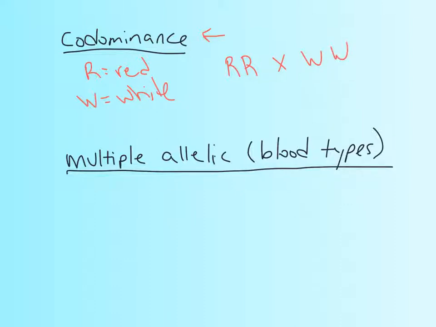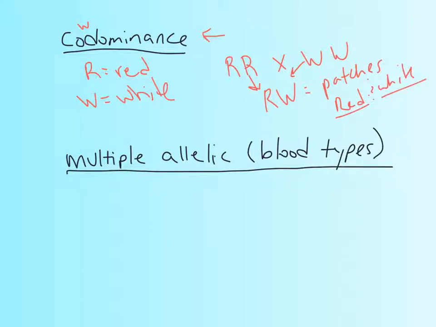Now all the baby cows are going to have the genotype of RW, because they're going to get one allele from each of their parents. And now, unlike incomplete dominance, where red and white gave you pink, remember, in codominance, you don't see pink cows, but you do see cows that have patches of both red and white.